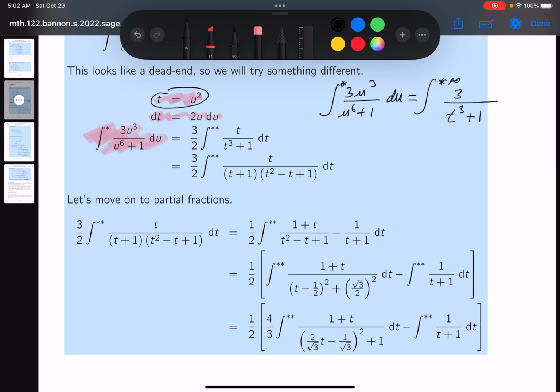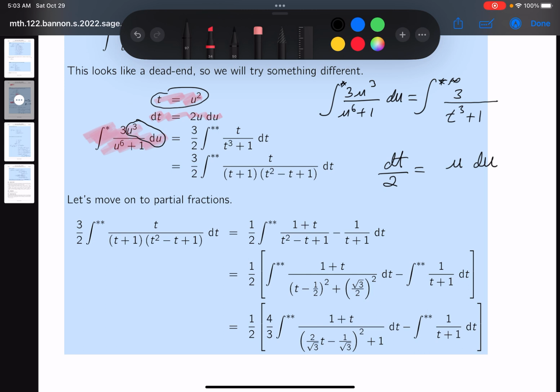I'm seeing that. I got to get the this over here now. I don't have that yet. So let's take a look at that. And to get that, I'm going to say, I got the dt. Oh, I'm sorry about that. Get my eraser out again. I have dt over 2 is equal to u du. But I need a u cubed, right?